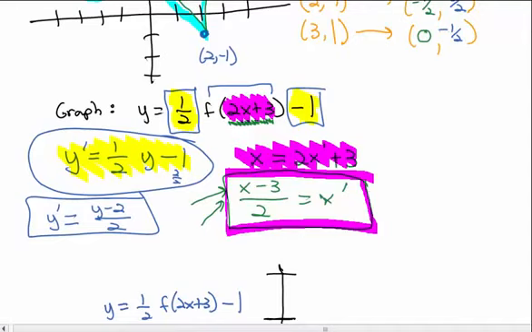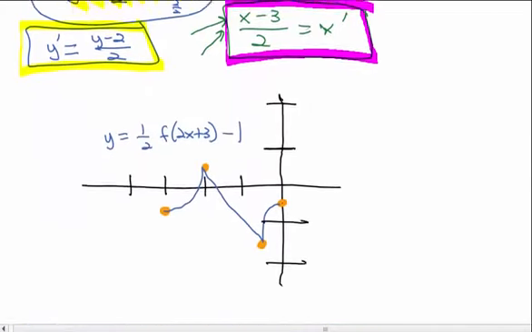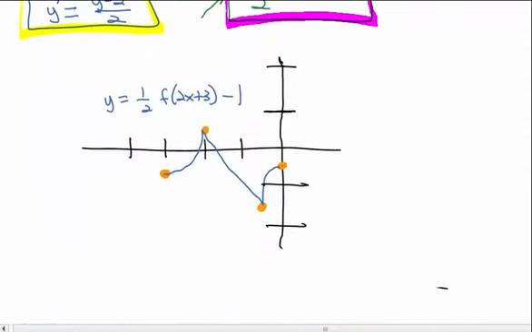The y equation, it's helpful if you have fractions to write it as a single fraction, get a common denominator. And then using those formulas, we took all of our old x's to come up with new x's, all of our old y's to come up with new y's. Then it's just connect the dots to get our new graph.